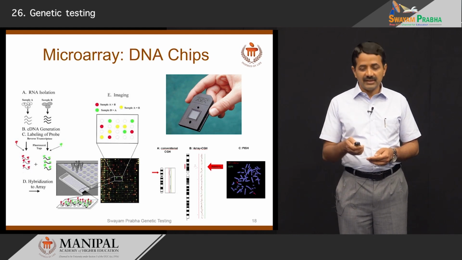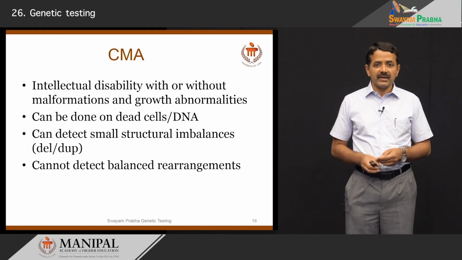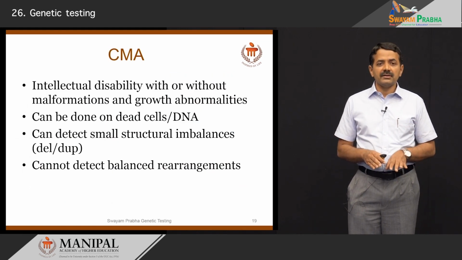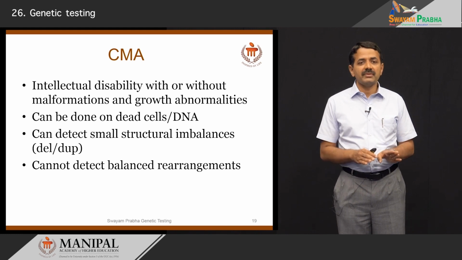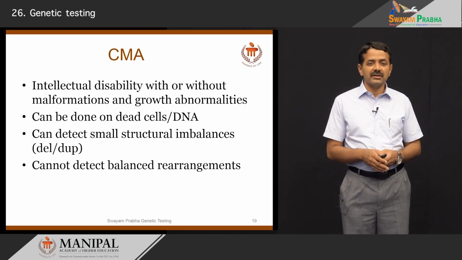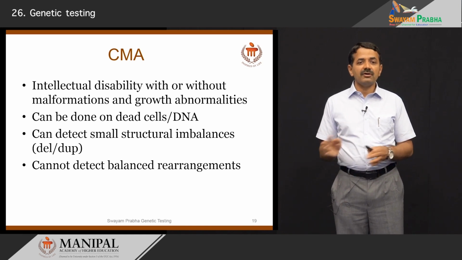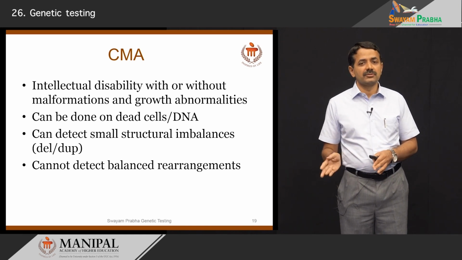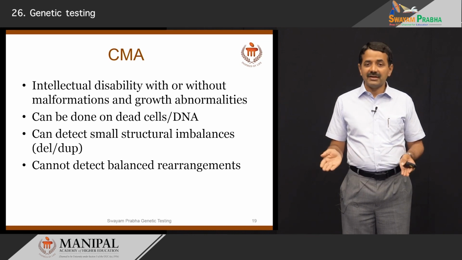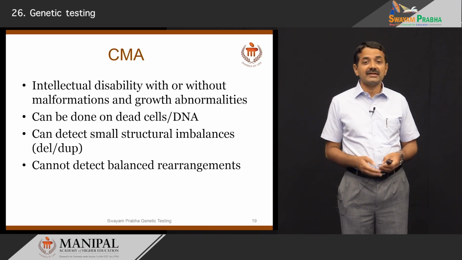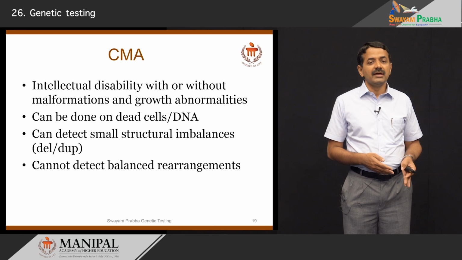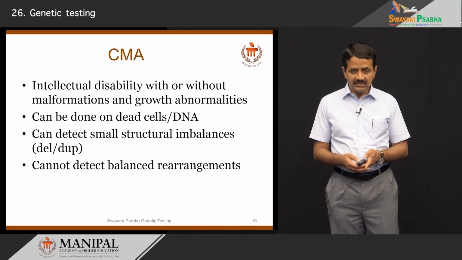Structural rearrangements cannot be detected. Chromosomal microarray, or cytogenetic microarray, is the most widely used test for evaluating children with intellectual disability, with or without malformations and growth abnormalities. It can be done on dead cells or DNA, and can detect small structural imbalances, but cannot detect balanced rearrangements.